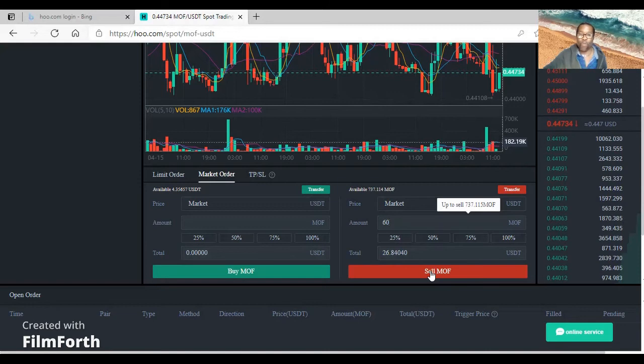One thing I have to say here is that for cryptocurrencies that don't have much liquidity, it's not really good to sell at market price, because the price you get will not be the same. It will just search and then give you the best price.